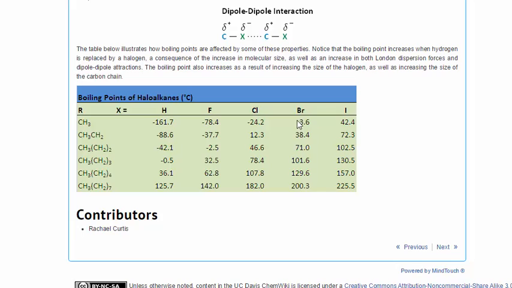Bromine, you can see, he boils at 3.6 degrees Celsius, and that is mainly because of his size. Okay, he's not attracting that many electrons, with that much electronegativity. And iodine, again, iodine is a very big molecule compared to the rest of them.